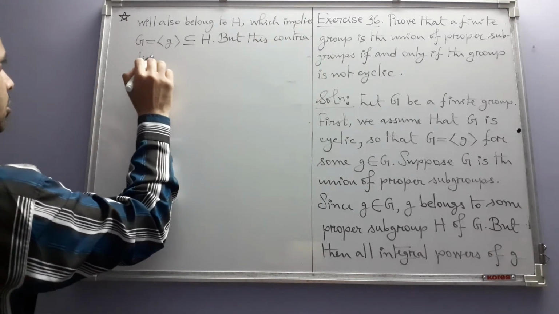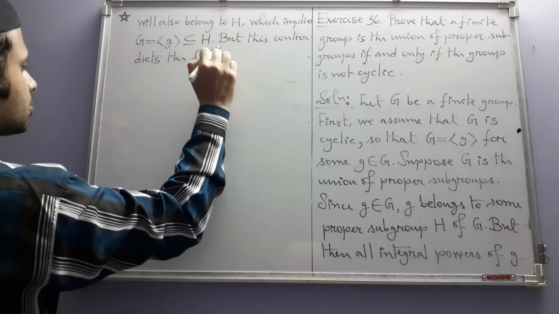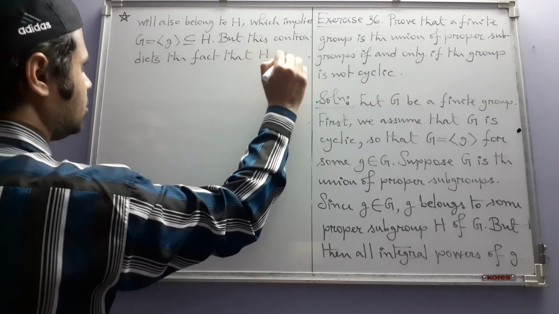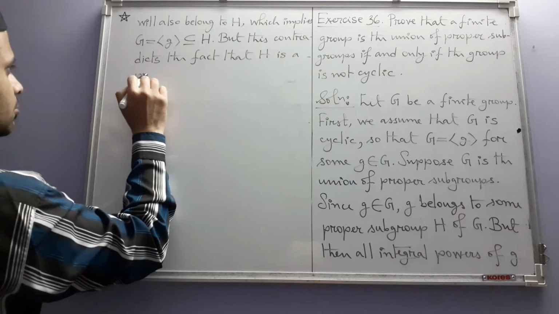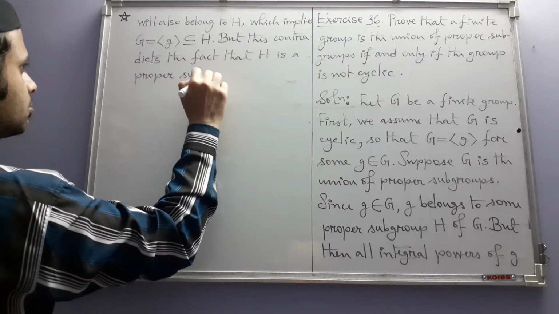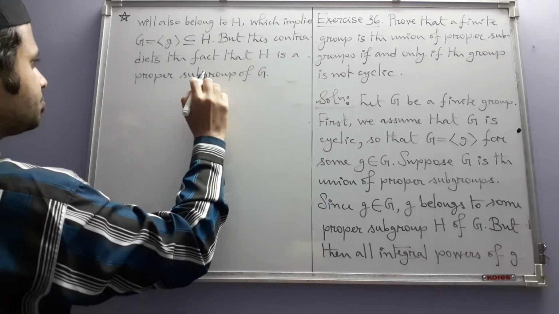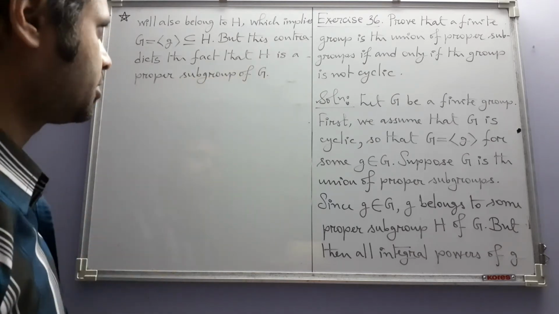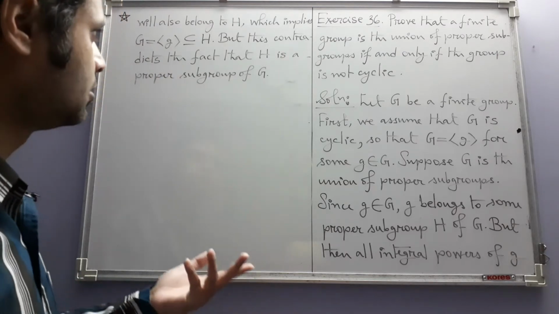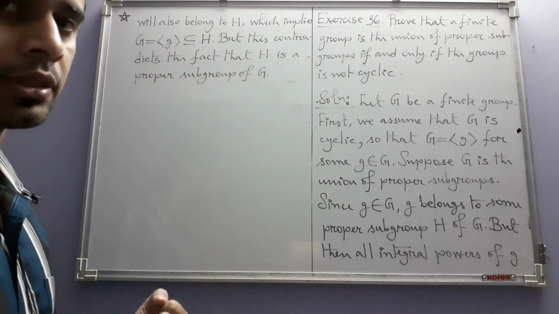But this contradicts the fact that H is a proper subgroup of G, because since H is a proper subgroup of G, there should be at least one element in capital G which is not in H. This inclusion, however, contradicts that.